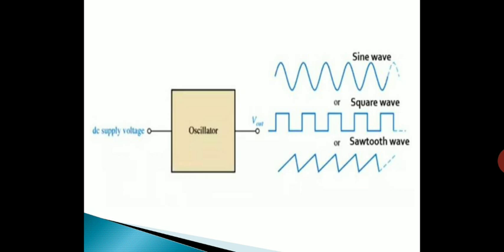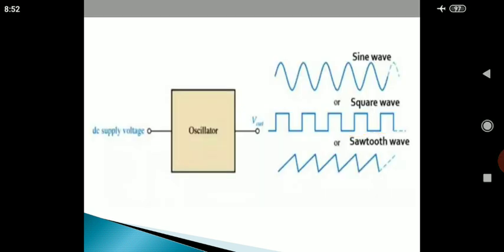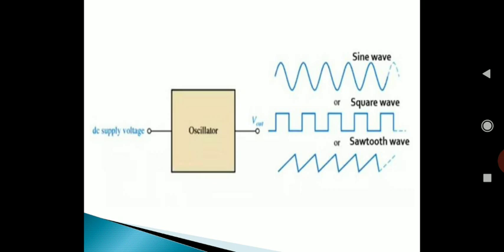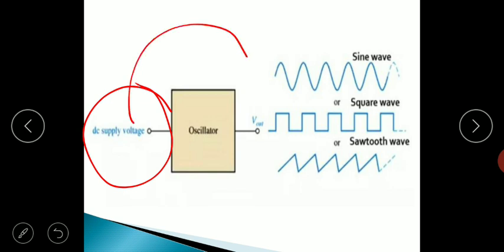Then you may ask, something is shown here, that is what is called the DC power supply. This is not an external input applied to it. It is a DC power supply which is required for the biasing of the amplifier which is used in the oscillator, and this DC itself will be converted into AC oscillations.